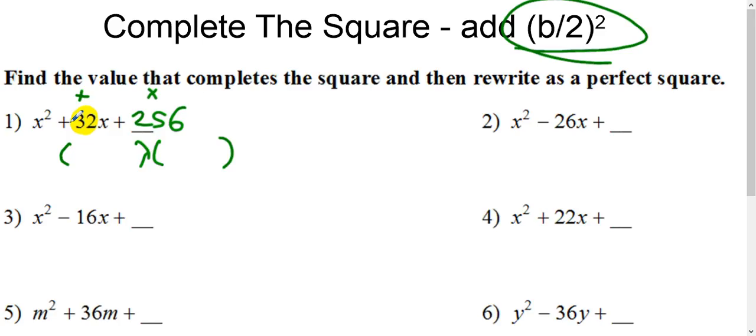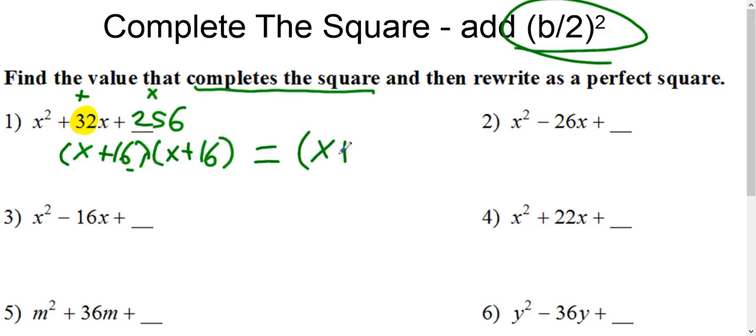So we know 16 times 16 is 256. And 16 plus 16 is 32. So those are the two numbers. It'll be x plus 16 and x plus 16. Now, we are completing the square because this is a perfect square. You could rewrite that as x plus 16 squared.